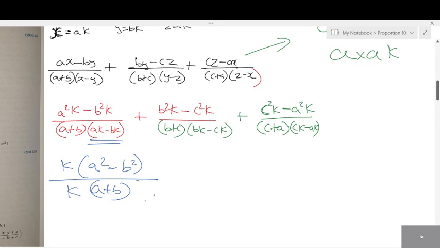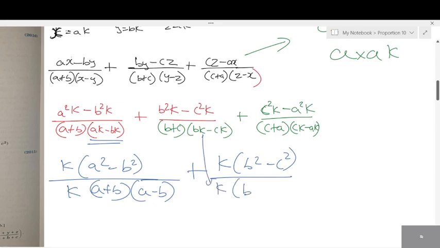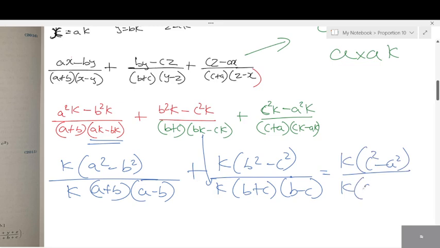Take the k out. What do you get if you take k out? A minus b, plus next one k into b square minus c square. Again, here k is common. You get b plus c into. Which formula can we use for the numerator? Which formula do we use for the numerator?